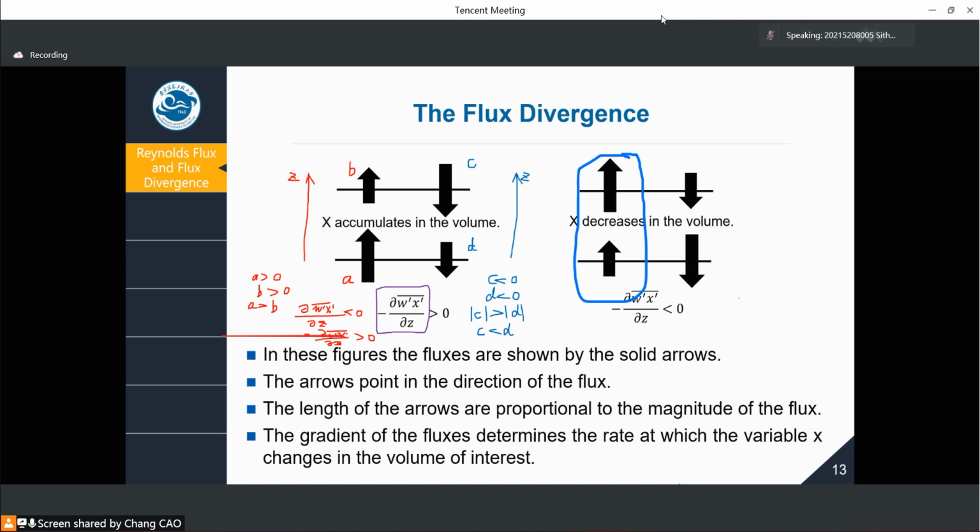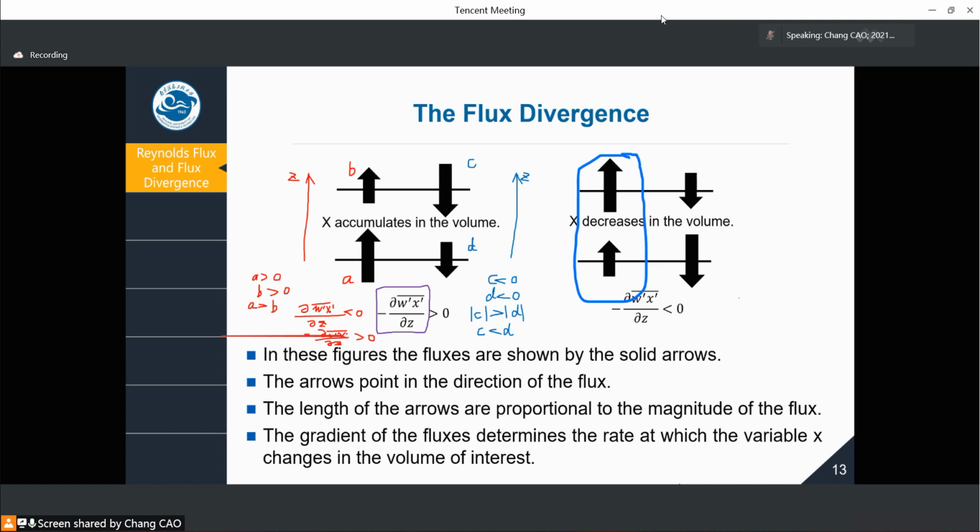Sorry, Lausha. Why bigger than 0? Because of less flux inside and outer... You should look at the direction of the arrow.